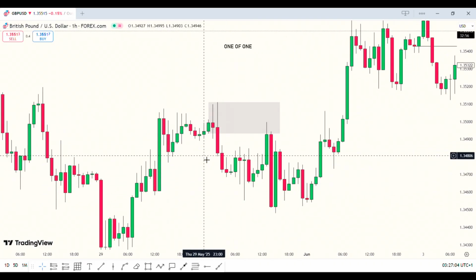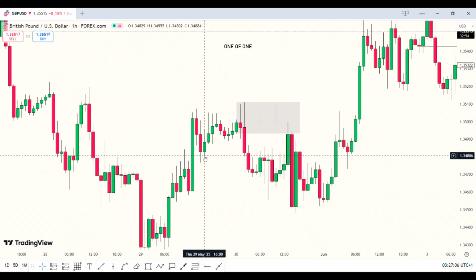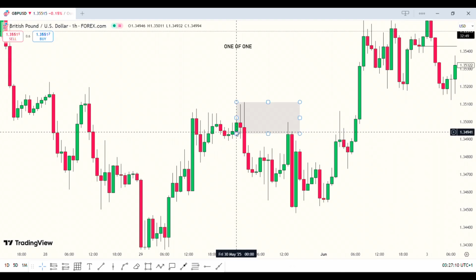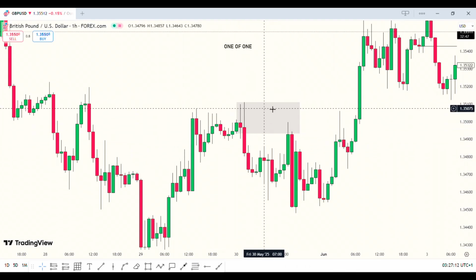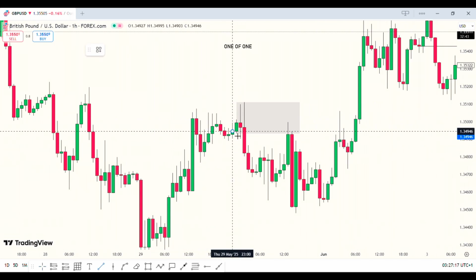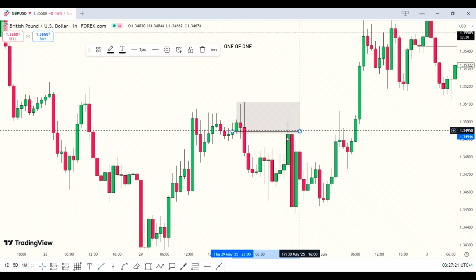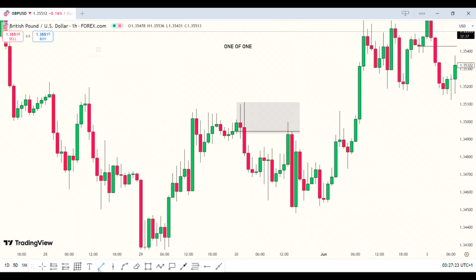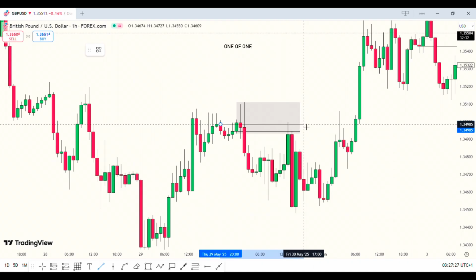The same thing over and over again. What valid single price POI falls within this zone? So I can see one, this is a rejection. I mark it out, that's one. This is another rejection, mark it out, that's two.